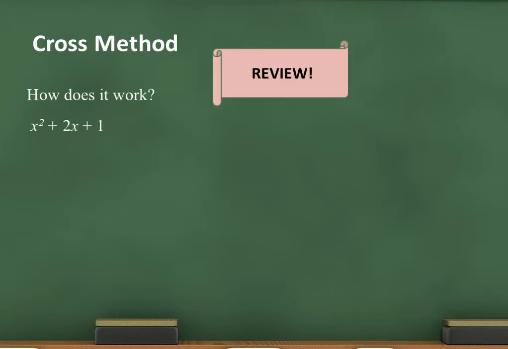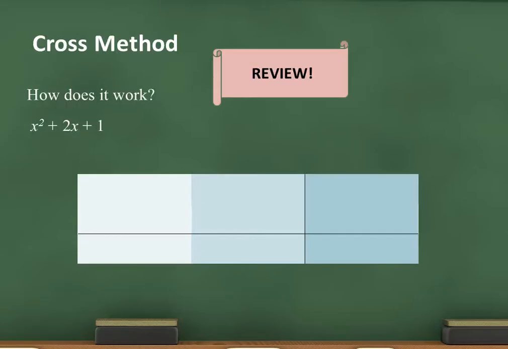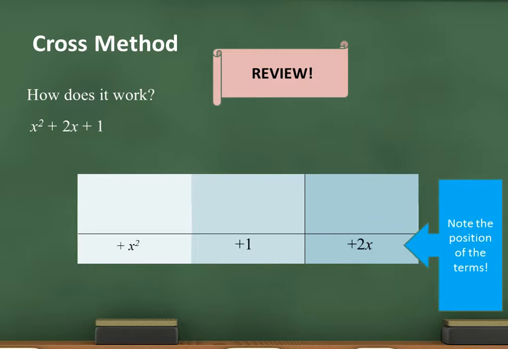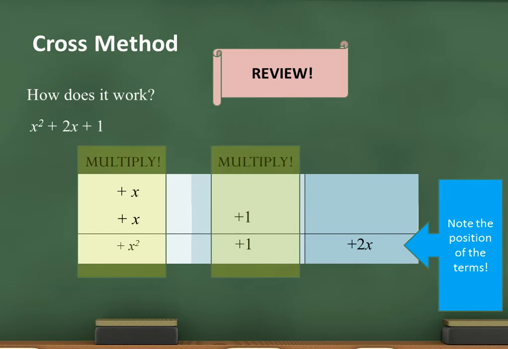We have a quadratic expression here, quadratic because the highest power of the unknown in the expression is 2. Putting the expression into the table for the cross method, take note of the positions. First column we multiply, second column we multiply as well.